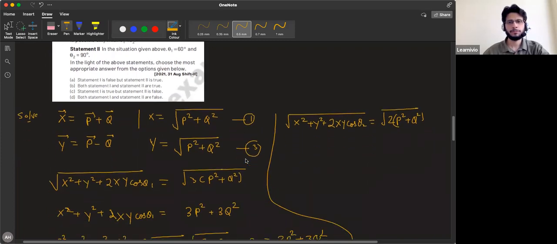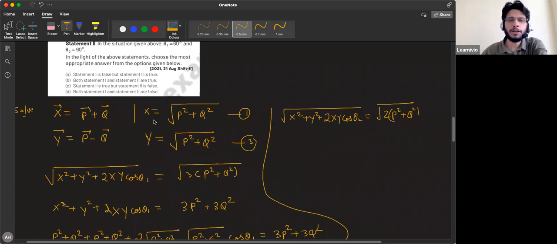Uneeb and Hamza, see, just substitute the values here. X is root over p square. Just take square on both the sides, so the roots will not be there. Instead of x square, you can write p square plus q square. Instead of y square, it's p square plus q square. 2xy is twice of p square plus q square.